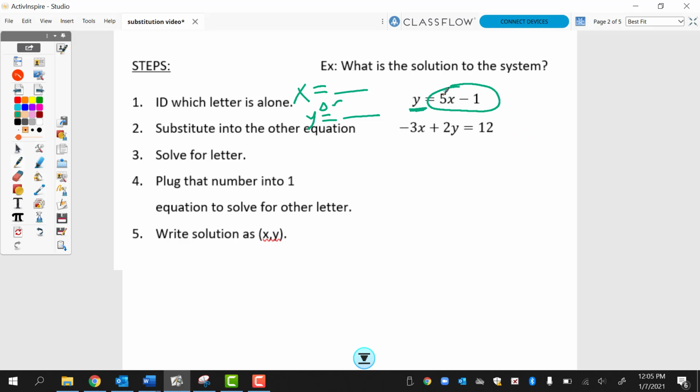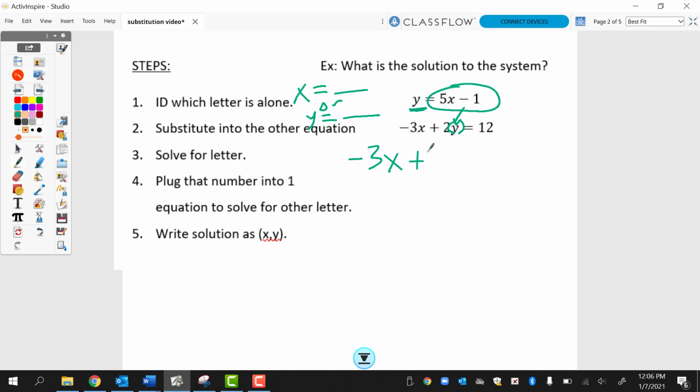So I'm going to take this and put it in this equation wherever the y was. In this second equation, my y is right there, so I'm going to put some parentheses around it. I'm going to take the y out and put this 5x minus 1 in instead. That's what substitute means. So I'm going to write my new equation, the one that I'm substituting into.